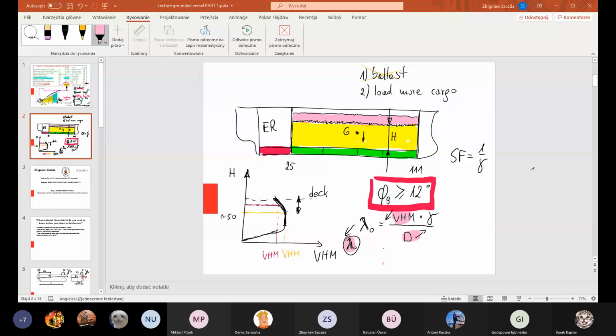That's my question. Actually, I don't understand the point, because it seems obvious that if VHM decreases. Yes, sir, because if displacement is bigger, then L0 is smaller. Yeah, of course.